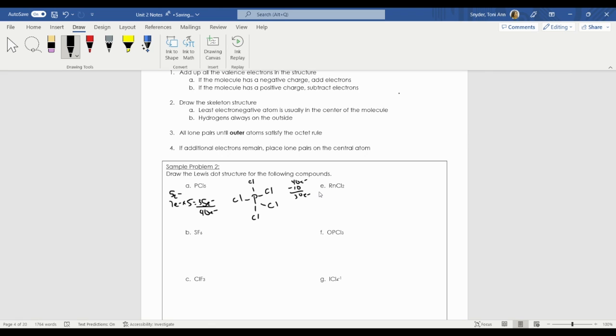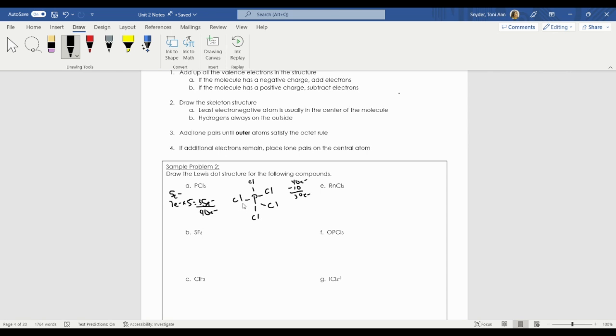If I look at step 3, it says all lone pairs until outer, or add, that should say add lone pairs. So change this in your book here: add lone pairs until all outer atoms satisfy the octet rule. So let's go ahead and make sure our chlorines all satisfy the octet rule.